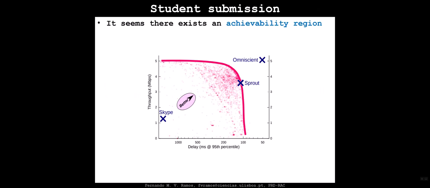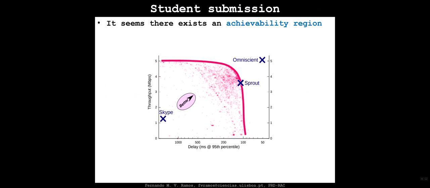And you see the Sprout algorithm that we talked about in the lectures, which also achieves a very interesting result. But the students' results also tend to cluster close to something quite interesting, and they seem to form this achievability region.